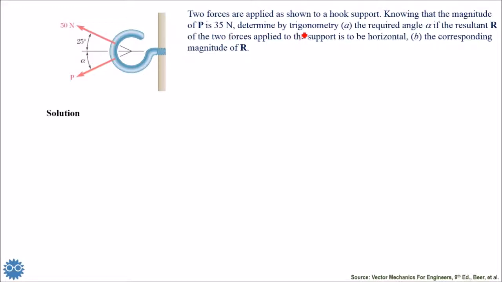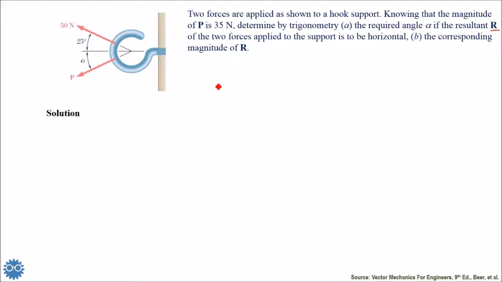Determine by trigonometry the required angle alpha if the resultant R of the two forces applied to the support is horizontal. So he gave us the direction of the resultant. It should be horizontal, and the corresponding magnitude of R is required also.